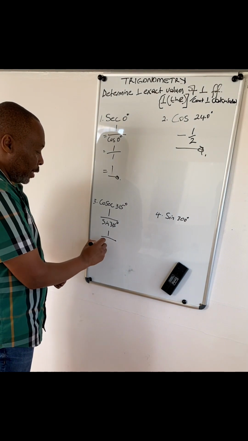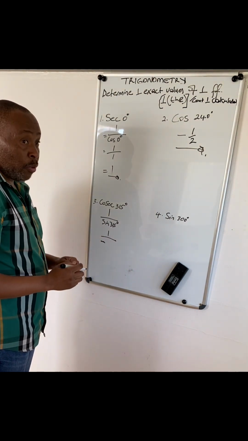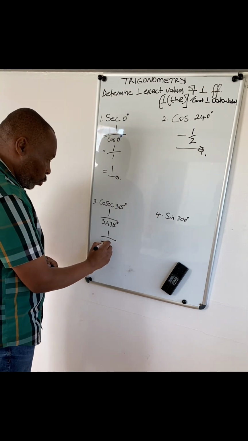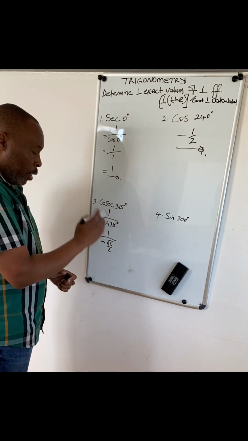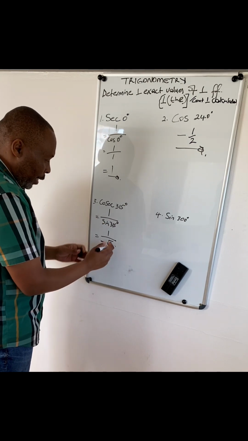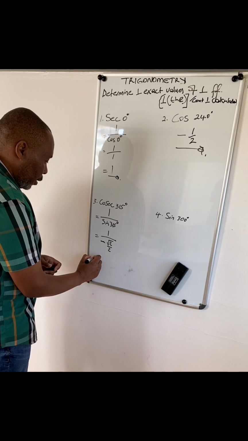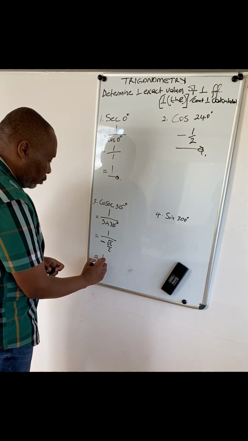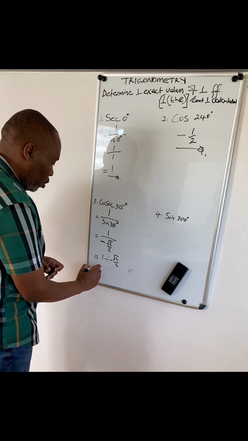Already we've ascertained that it's negative. And 315 in its values is √2 over 2, or 1 over √2. You can either use √2 over 2 or 1 over √2, it's the same thing. So we've got 1 divided by negative √2 over 2.